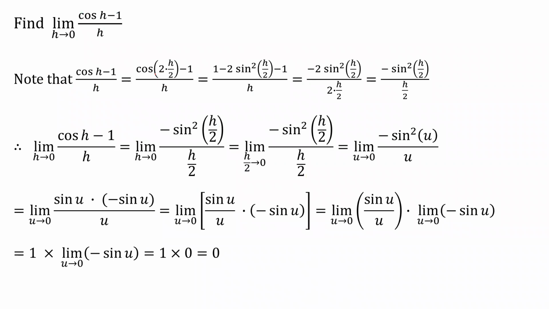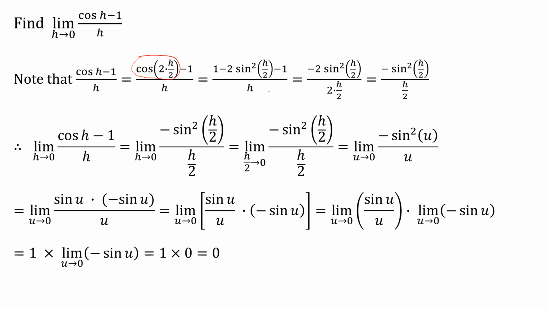And then we can expand this expression using the double angle formula. This gives us 1 minus 2 times sine of h over 2 squared, minus 1, over h, which simplifies to negative sine h over 2 squared.